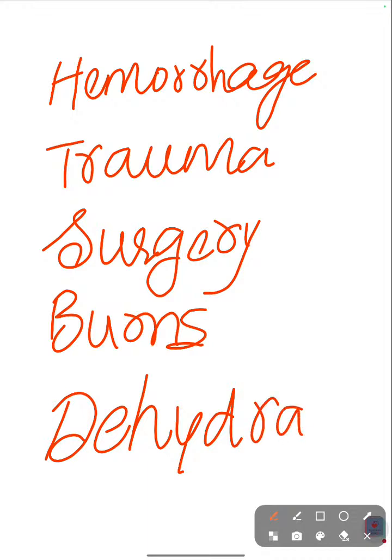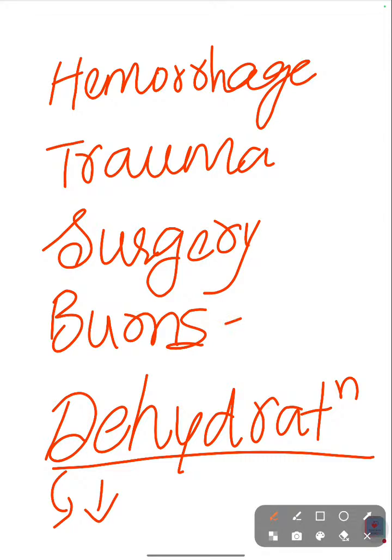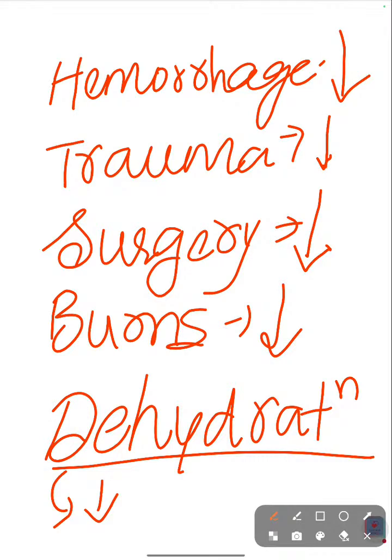What will happen if there is severe dehydration, like in cholera? The volume will decrease. In burns also, volume will decrease. In surgery, if there is a huge blood loss. Trauma, volume will decrease. Hemorrhage, volume will decrease. So this is hypovolemic shock.